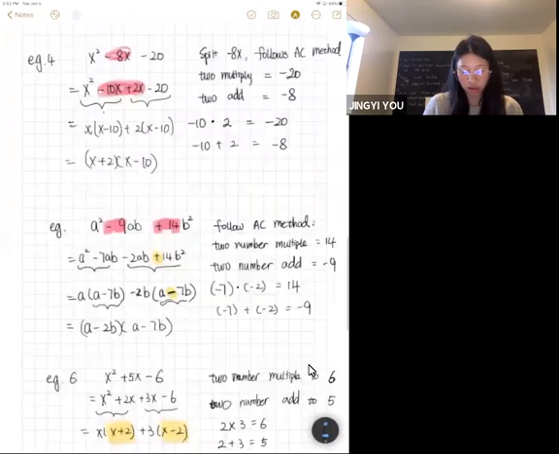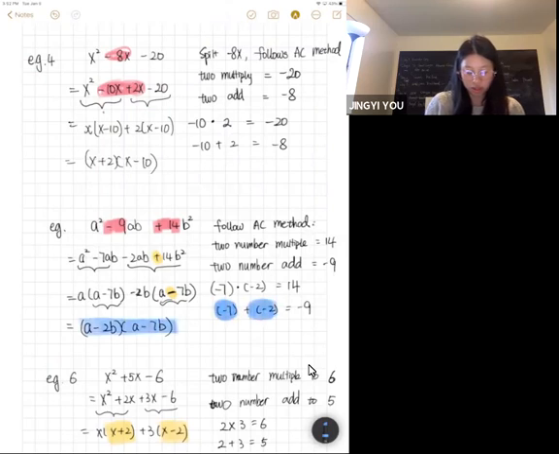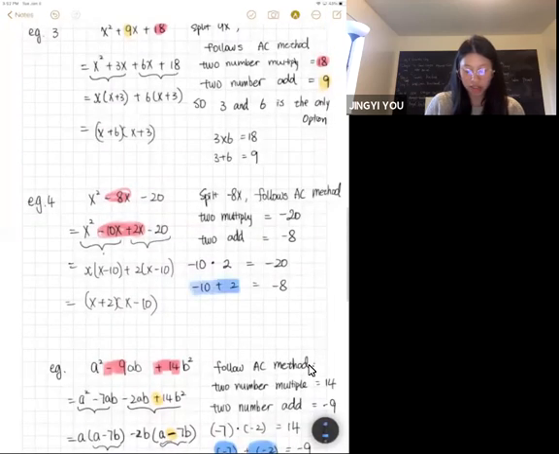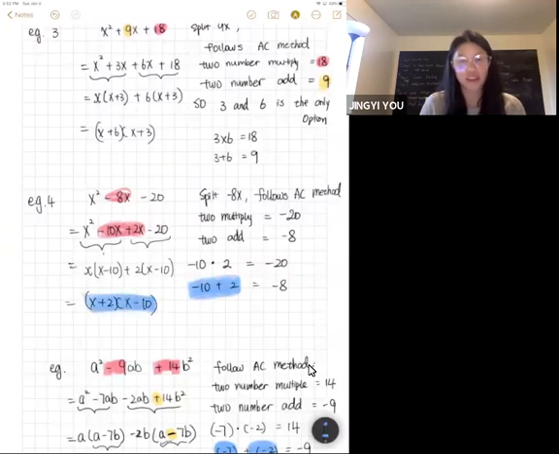Similar to here, we identify our two numbers, negative 7 and negative 2, so the answer includes negative 2 and negative 7. Similar to here, we found this is negative 10 and positive 2, so the answer is x plus 2 and x minus 10.